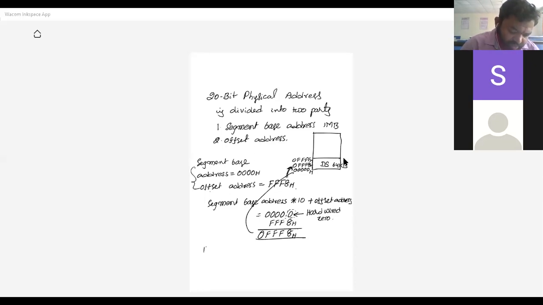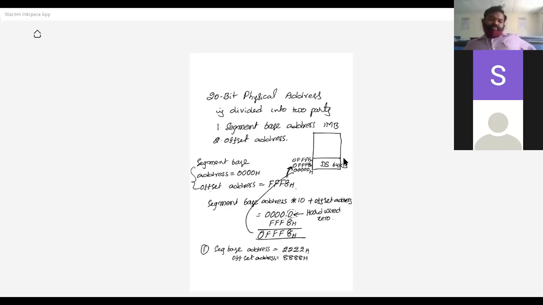The first one is segment base address 2222H. Offset address 8888H. You perform the addition and tell me the 20-bit physical address for these two combinations.